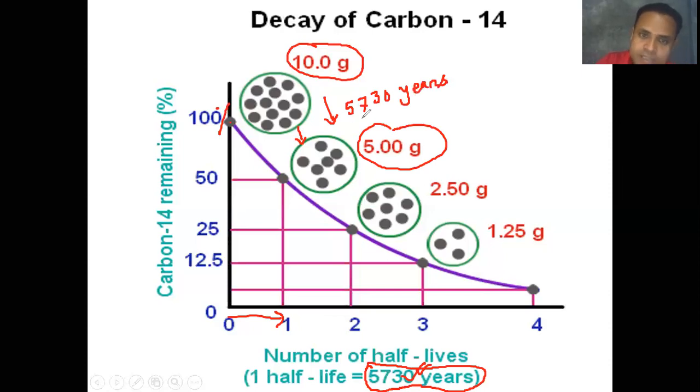After 5,730 years, only 5 gram of carbon 14 will remain. For the second half-life, to reduce from 5 gram to 2.5 gram, you need another 5,730 years.